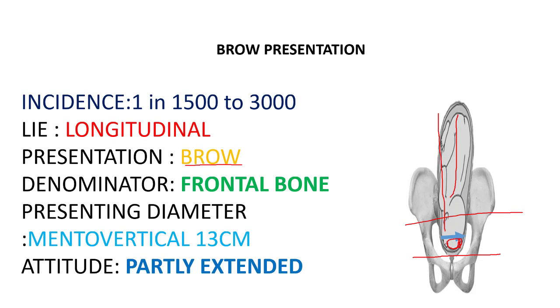For example, here the frontal bone is towards the anterior side of the pelvis. Here we can say that it is fronto-anterior. If this bone is towards the sacrum, we will say that the position of the fetus is fronto-posterior, right?